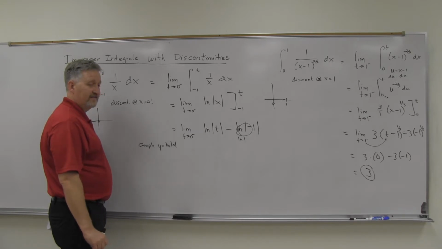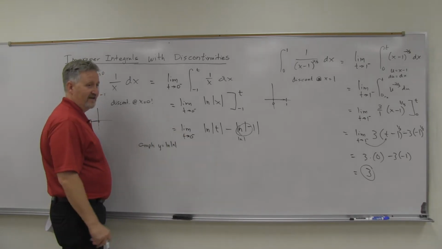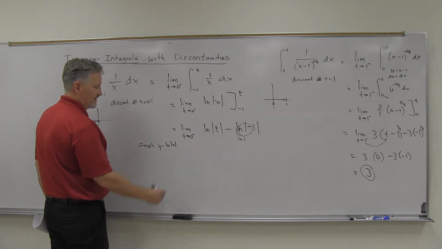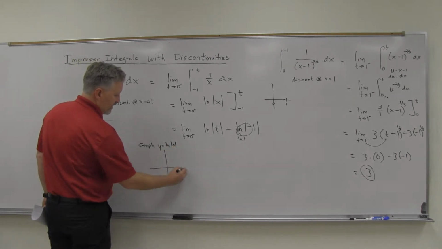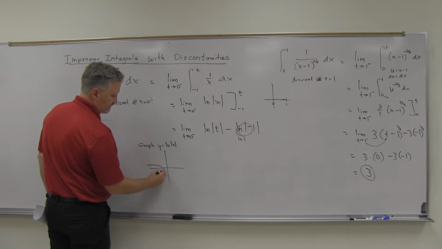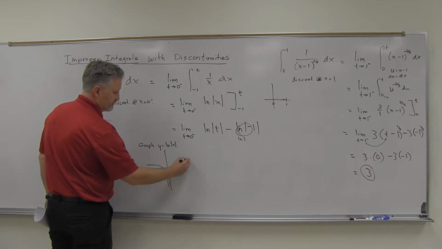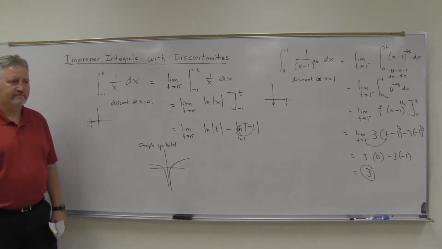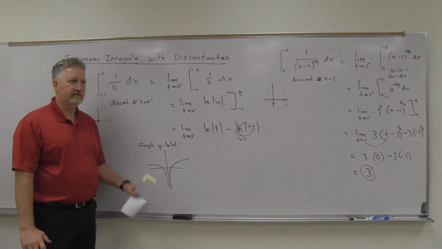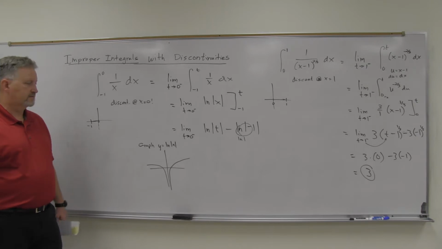Because if you just do the ln of x, you can't approach 0 from the left. It's got to be the ln of absolute value of x, but it mirrors ln of x. Is that what you get it looking like? Anybody get it? Sort of what it looks like?